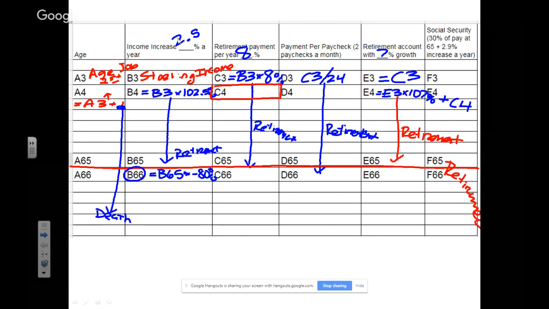Okay? Let me clarify that. This 80%, make a note, living on 80%. Okay? So the one we're going to do today is living on 75%.